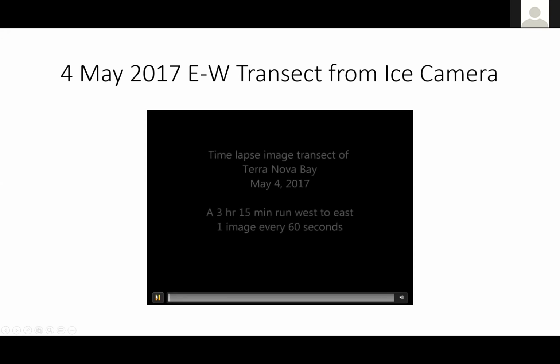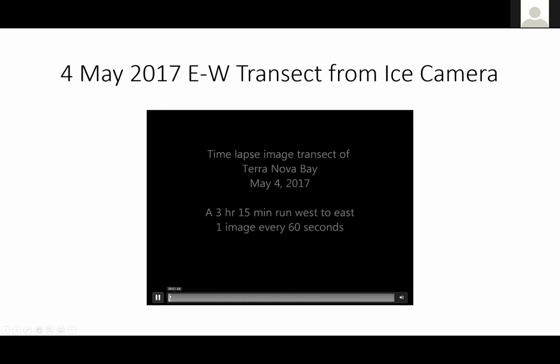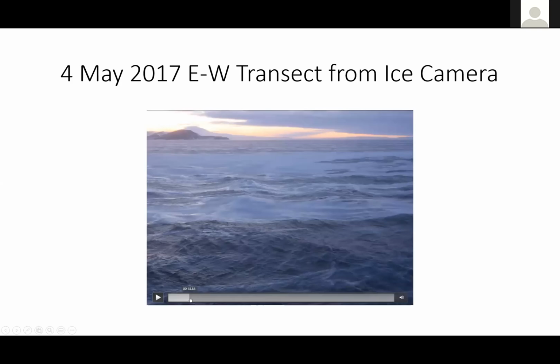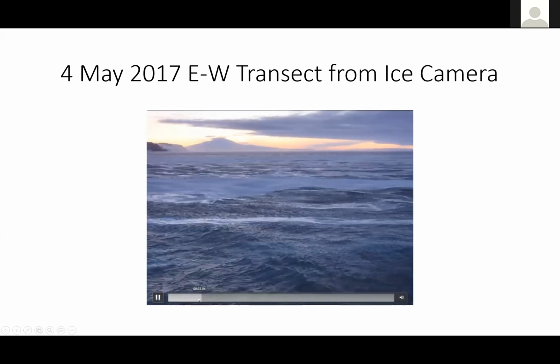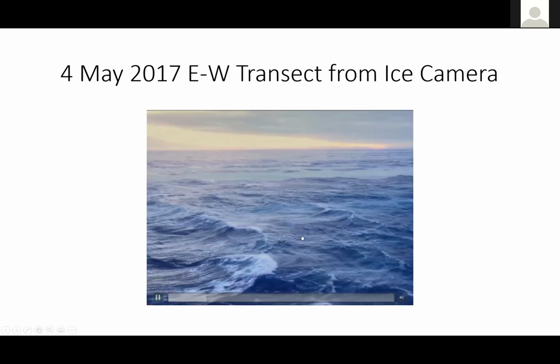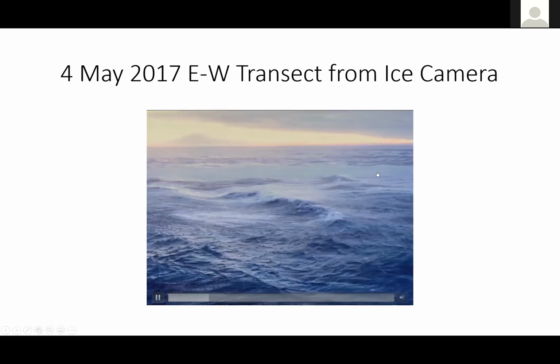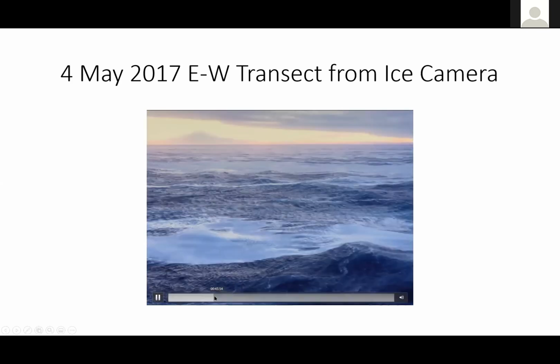Now, this just shows some photographs of the wave conditions taken from the vessel as we were following the buoy, essentially. So initially we're seeing this formation of waves in the air with these bands of loose crystals of ice called frazil ice.